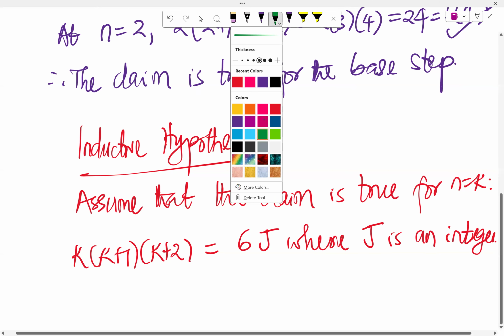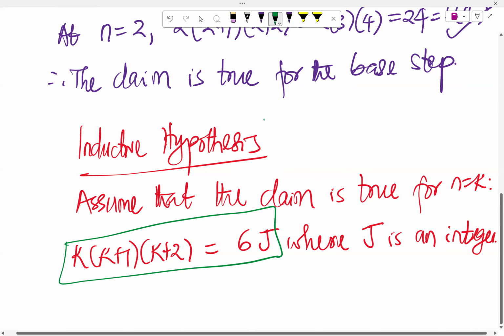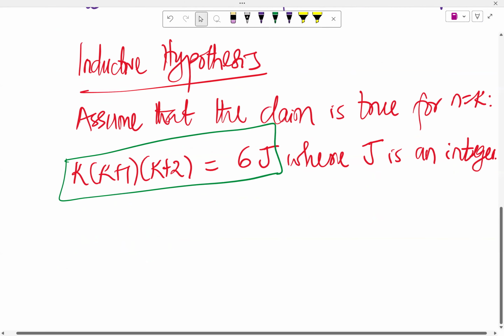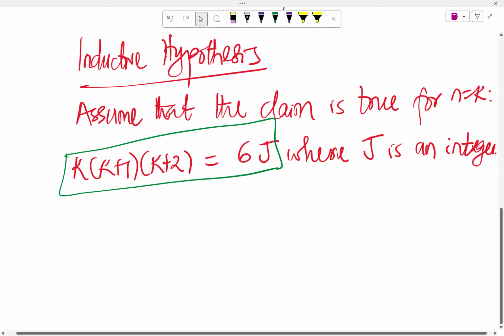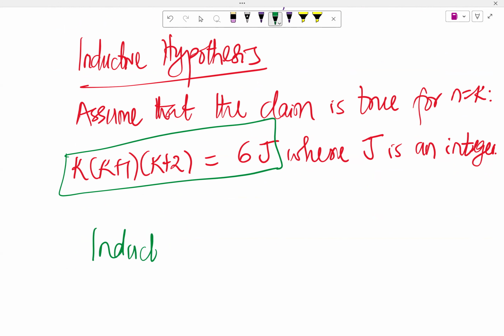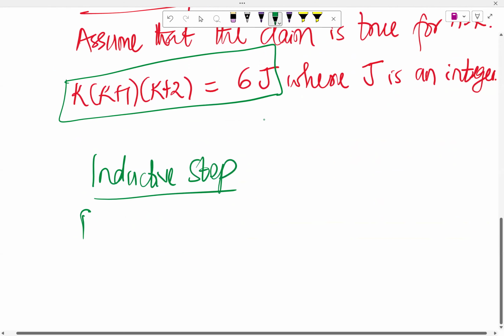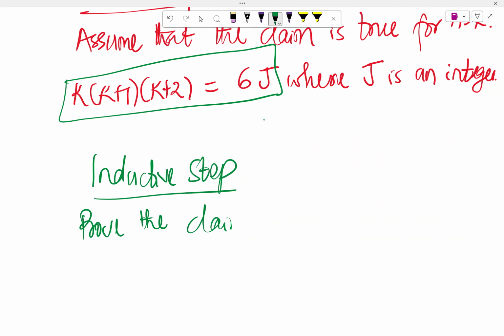Now, we have to pay attention to this because it's going to be useful at the next stage, which is the inductive step. So for the inductive step now, what we simply do here is to prove the claim for n equals k plus 1.